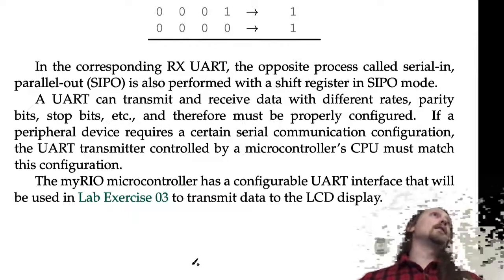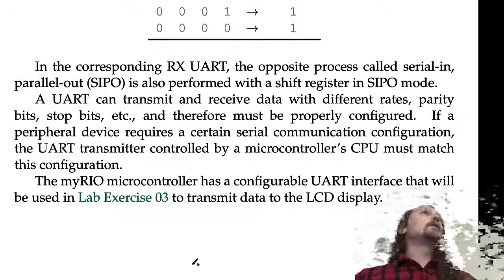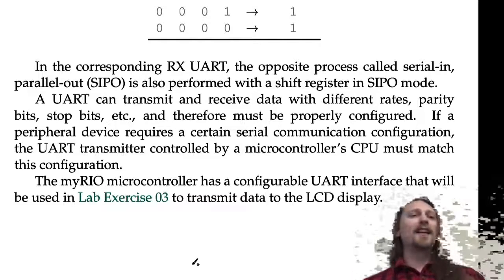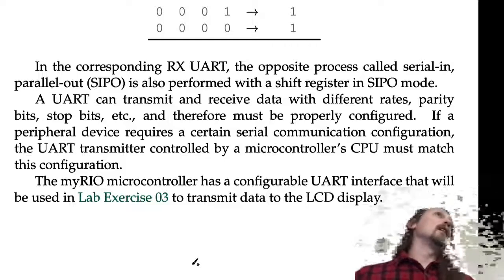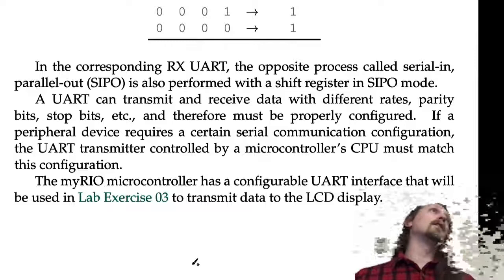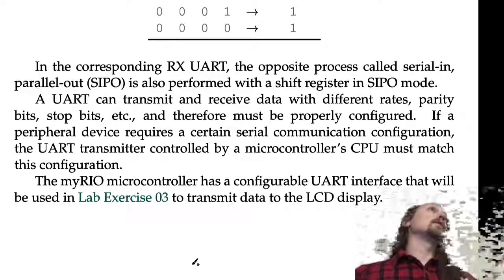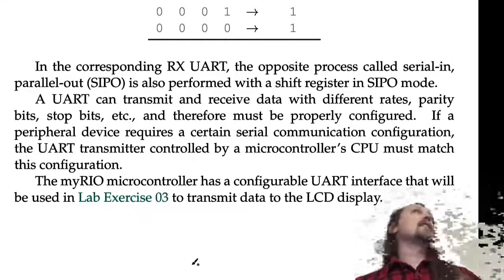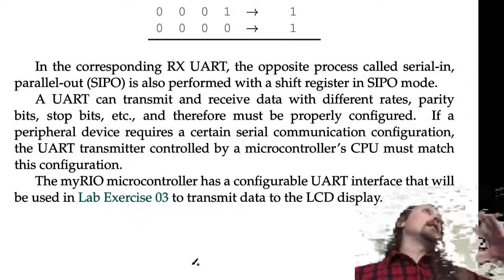The UART is usually an integrated circuit that's very close to your processor on the board, and it will tell you how to do the UART configuration in the manual of whatever microcontroller you're using. The myRIO has certain configuration parameters that it's given. Now that's just for setting up. So it has a function that will allow us to write and read from the UART.